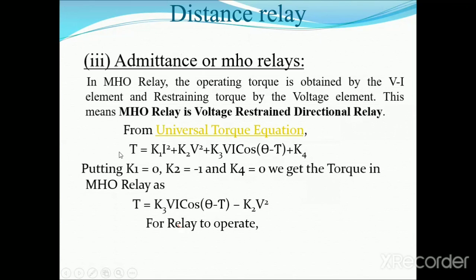We already know the universal relay torque equation, that is torque T equals k1 I square plus k2 V square plus k3 VI cos of theta minus tau plus k4. Putting k1 equal to 0, k2 equal to -1 and k4 equal to 0, we get the torque equation: k3 VI cos of theta minus tau minus k2 V square.